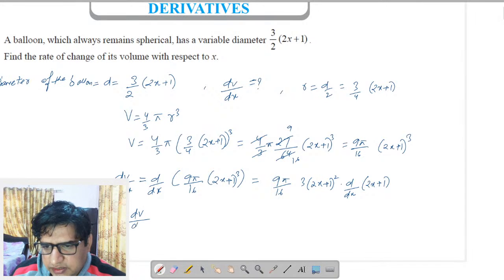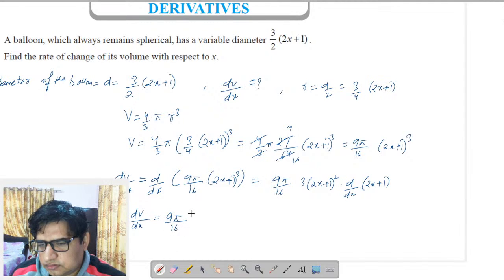So dV/dx will be equal to 9 pi by 16 into 3 (2x + 1) square, and that will be 2 only, since d by dx of (2x + 1) will be 2. Okay, and we'll see what can be cancelled out.